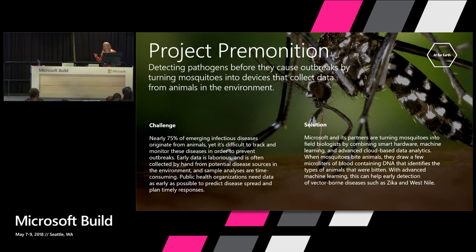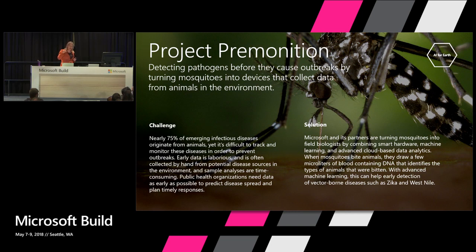So the idea behind Project Premonition is, can we actually predict that these outbreaks are going to happen sooner than that? And so the way we are doing that is by using mosquitoes. Weird, huh? So mosquitoes, although a very annoying little pest, land on animals, they land on people, and they draw blood.